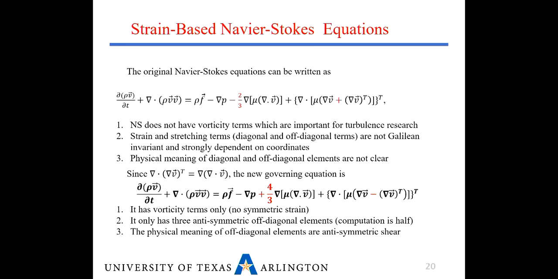Well, if you don't mind, you can try it in your DNS code. You see any difference? The possible gain is 3 unknowns here. Strain has 6 unknowns: 6 and 9, because symmetric has 6. Anti-symmetric has 9, but 3 zeros, so 3 anti-symmetric. Okay?